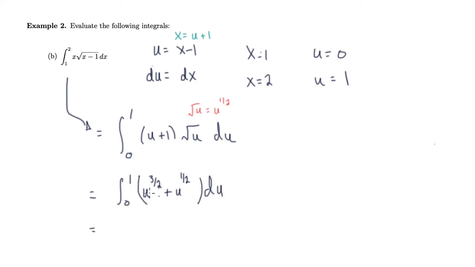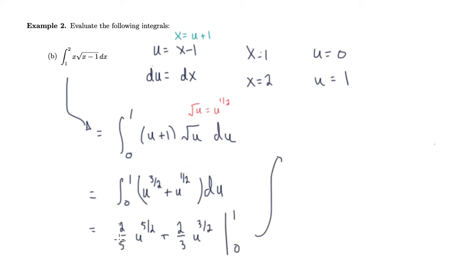Now I can take the antiderivatives of these power functions, the sum of two power functions. I add 1 to the power and then divide by the new power, so 2/5 u to the 5/2 plus 2/3 u to the 3/2, all evaluated from 0 to 1.